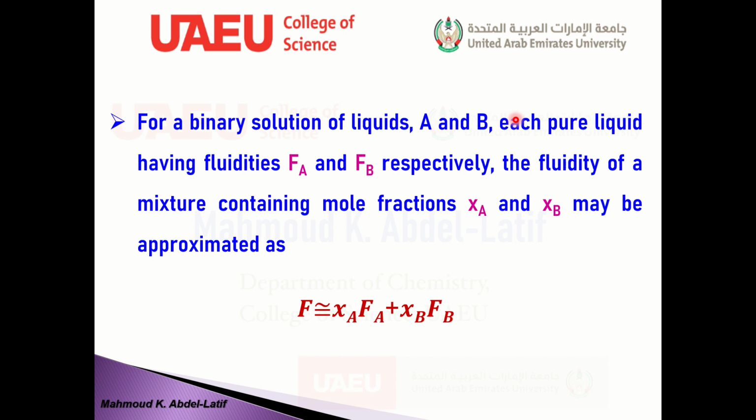In the same way, the fluidity is additive. So the fluidity of a mixture containing mole fractions Xa and Xb may be approximated as the total fluidity equal to the mole fraction of substance A times its fluidity plus the mole fraction of the other component times its fluidity. If they behave ideally, you can apply this equation.